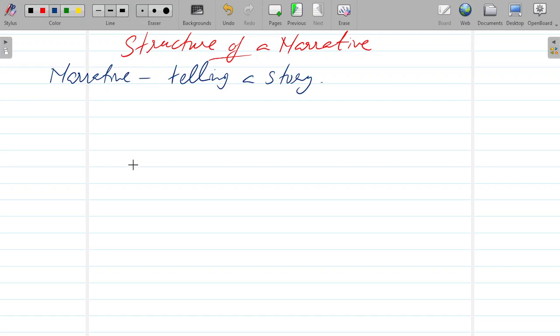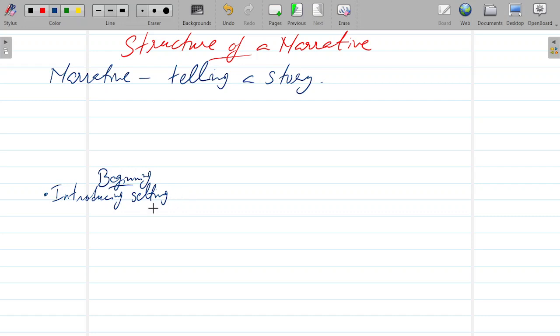So, what's the structure of a narrative like? Well, the classical structure of a narrative looks like this, right? You have the beginning, and over here, you will be introducing the setting.